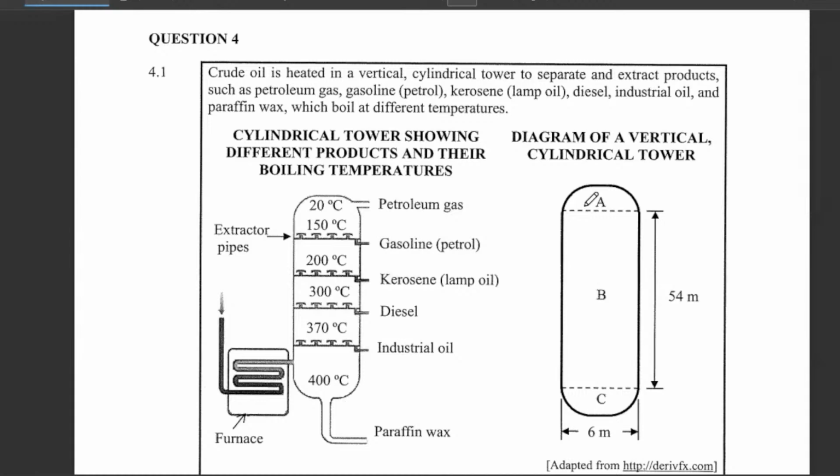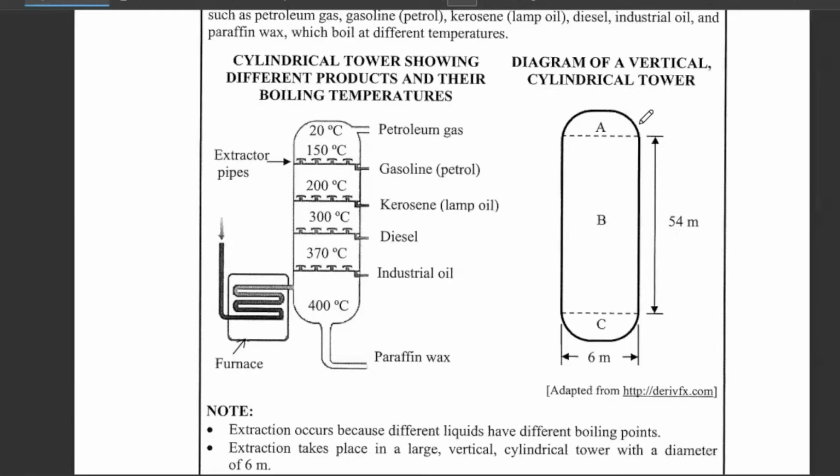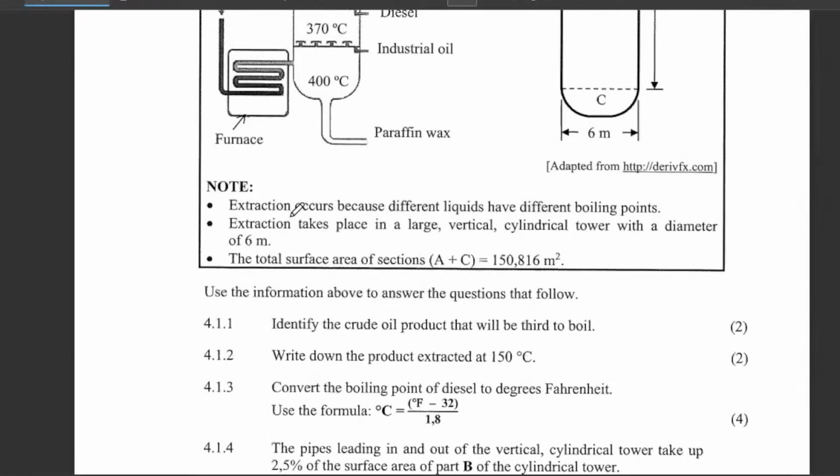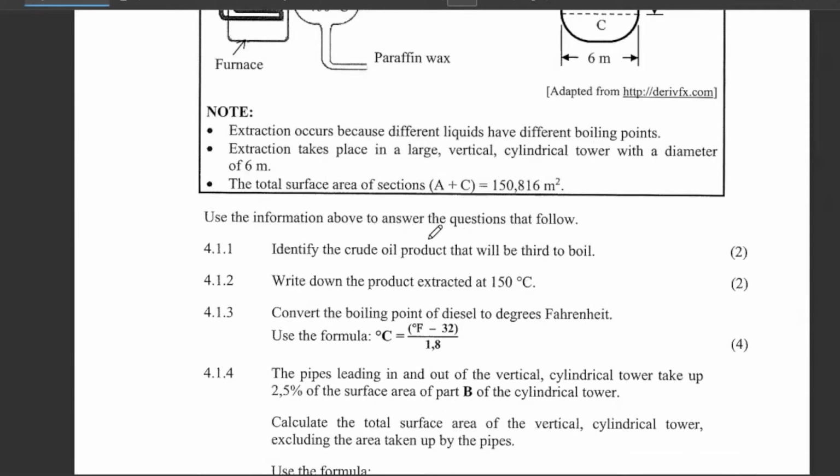On the left, we have the cylindrical tower showing different products and their boiling temperatures, and on the right, we have a diagram of the vertical cylindrical tower. Identify the crude oil product that will be third to boil.